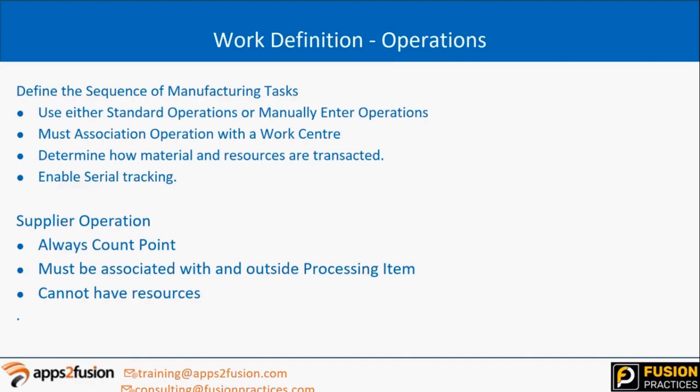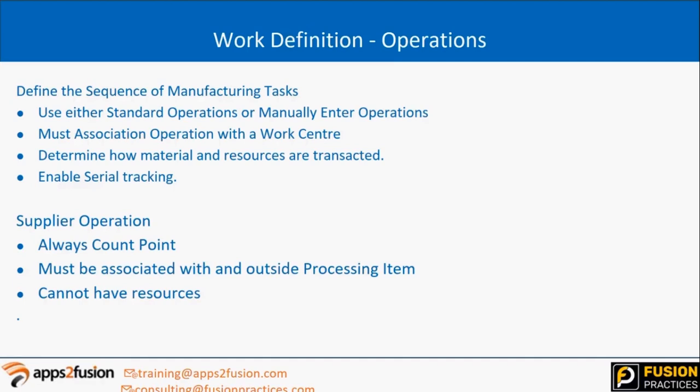Okay, so yeah, moving on. So this is the supplier operation. Like how a work definition has operations that you create, there is also an operation that you can create of type supplier. This is used in outside processing. I've just listed its properties here. It's always count point enabled, and it must be associated with an outside processing item only.